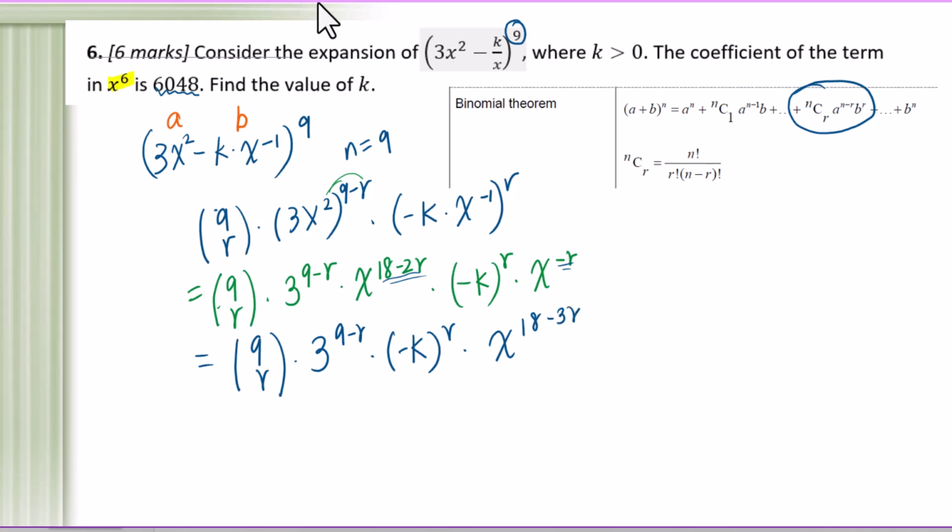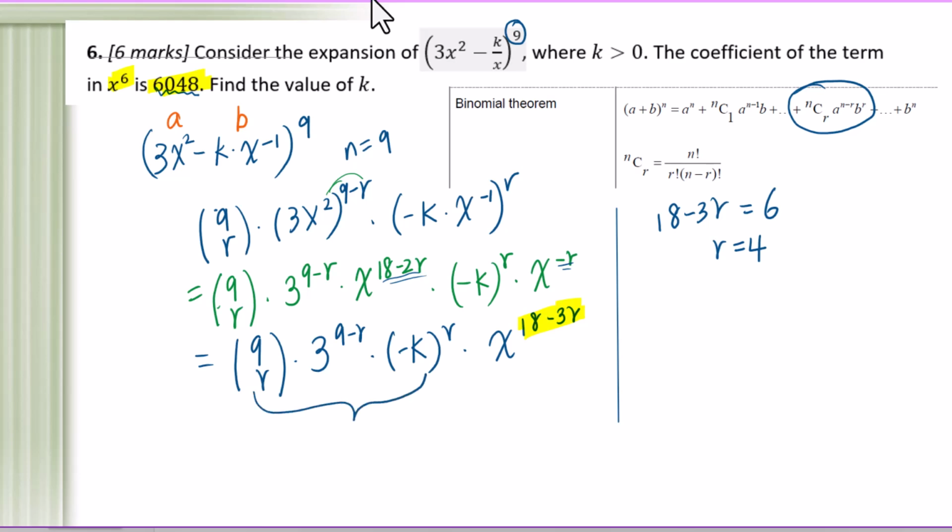We know the coefficient of x to the 6th power is 6048. This is the exponent of x, so we set up 18 minus 3r equals 6. r equals 4.